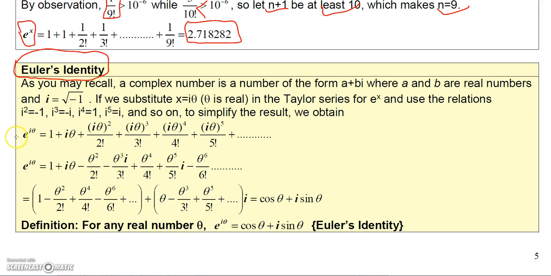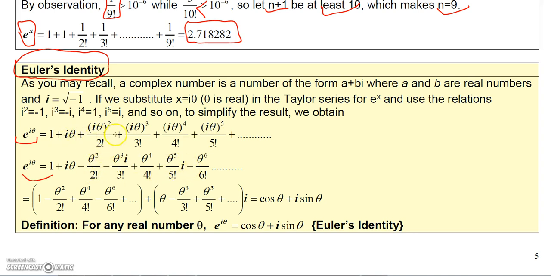So for instance, e to the i theta can be written as a series, and you can write that series like this, because we know that if you square i, you get negative 1, so that's a negative. And if you cube i, you get negative i. If you raise i to the 4th, you get positive 1, and so forth. And if you have i to the 5th, you get i. And so basically, if you simplified this, you would get this.